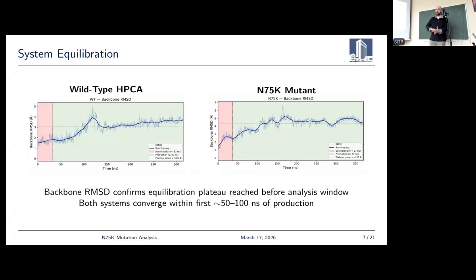Overall equilibration was done in 3 stages. I guess it will take too much time to tell about the equilibration protocol.